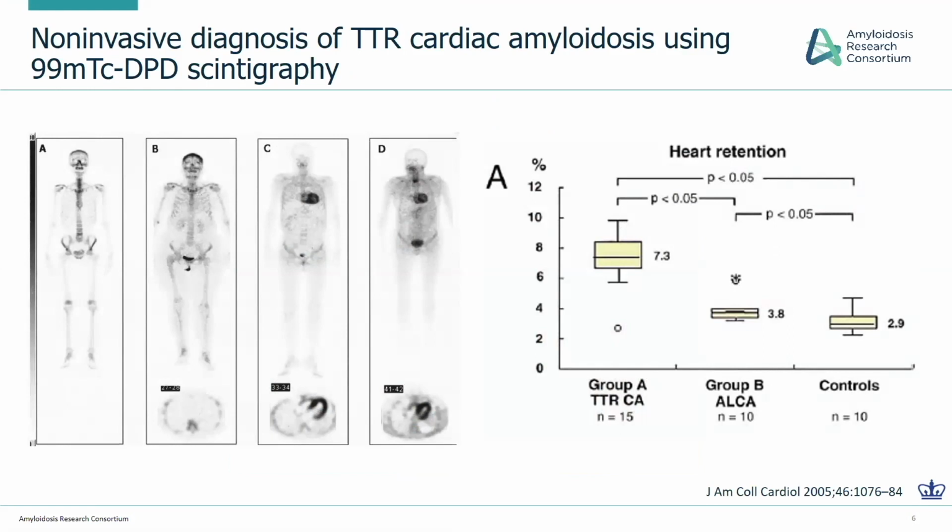They did whole body scans, and as you can see in the patient in panel A and B, there was no uptake in the myocardium, whereas in panel C and D, you can clearly see there is uptake in the myocardium indicative of transthyretin amyloidosis, which on SPECT scanning shown at the bottom is clearly evident. And so heart retention of the isotope was much higher in those with TTR amyloid versus AL versus controls, and in fact, in this small study, it was 100% sensitive and 100% specific.